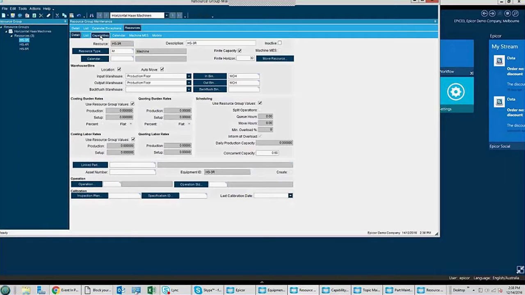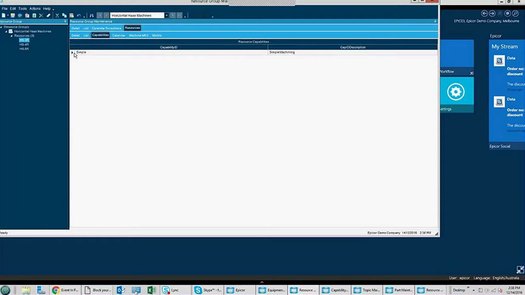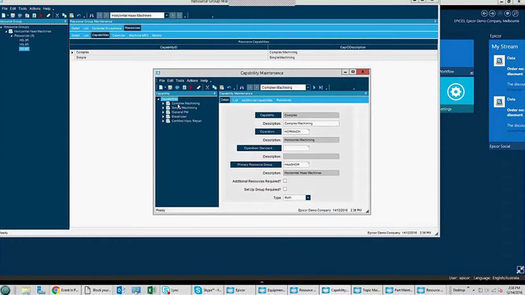Now, see, I have capabilities. This one's capable of simple machining, and simple and complex machining. That's what we call capabilities. Now, what we also have is, yes, the simple and complex machining and the resources that can satisfy that. But we also have resources that can satisfy general preventative maintenance.